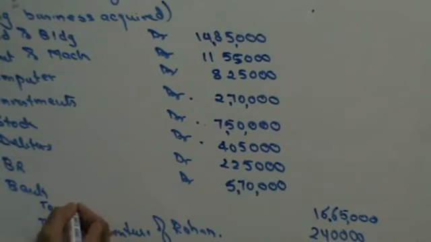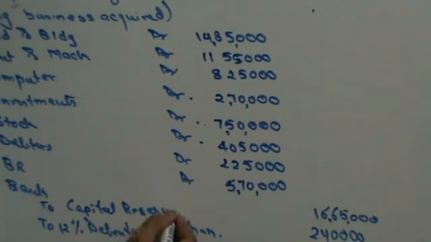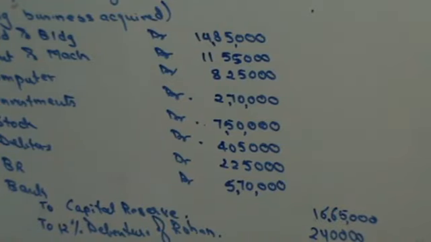If the difference comes on the credit side, then that is called capital reserve. Check again please. According to me the difference should be this. It's right. 16 lakh, 65,000 difference is right.